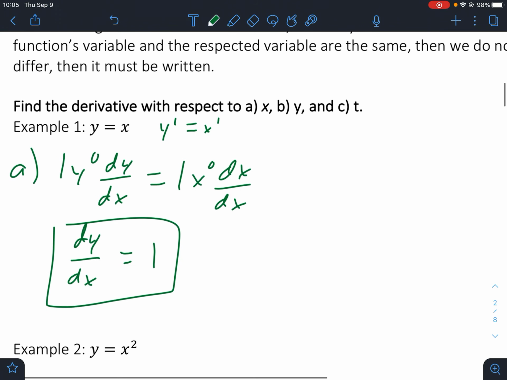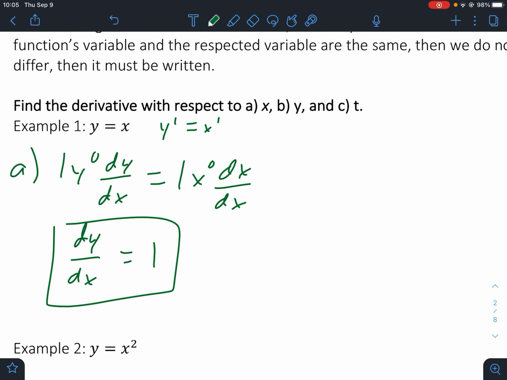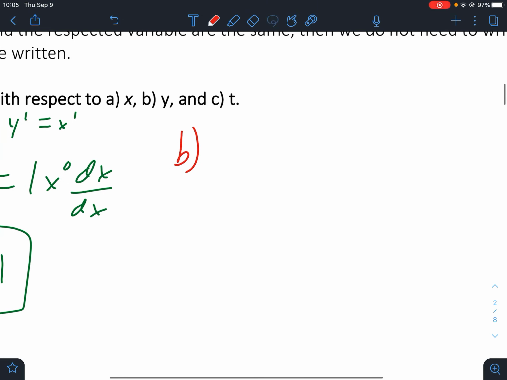But what if we're not respecting x? What if we're doing these with respect to y? So again, we have the same function.